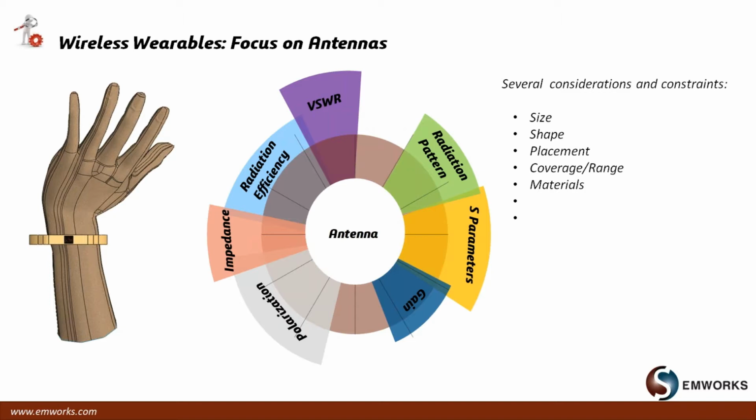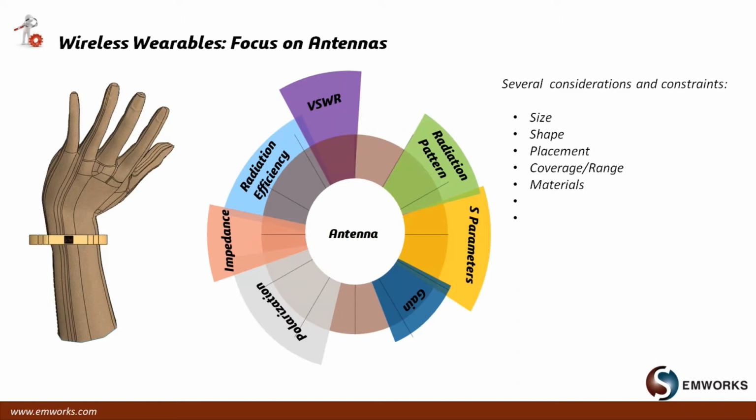If you think about wireless wearables, and we are today focusing on antennas, there are different antenna parameters that one needs to consider. These include polarization, the input impedance of the antenna, its efficiency, its gain, and the radiation pattern. Not all of these parameters are independent, but these are important antenna parameters.